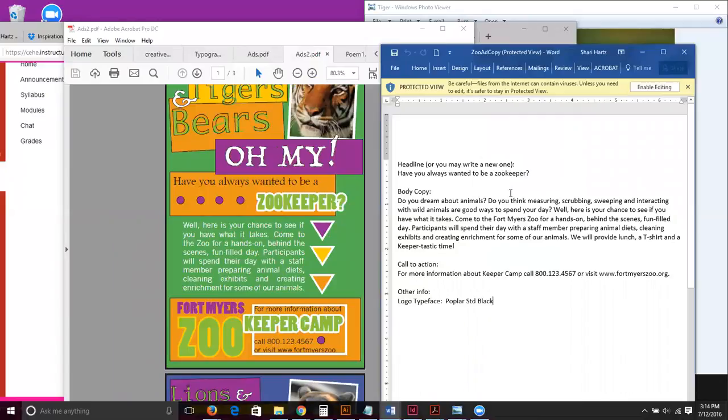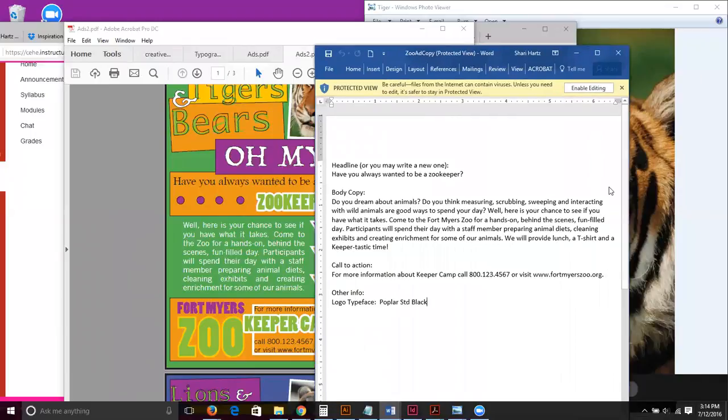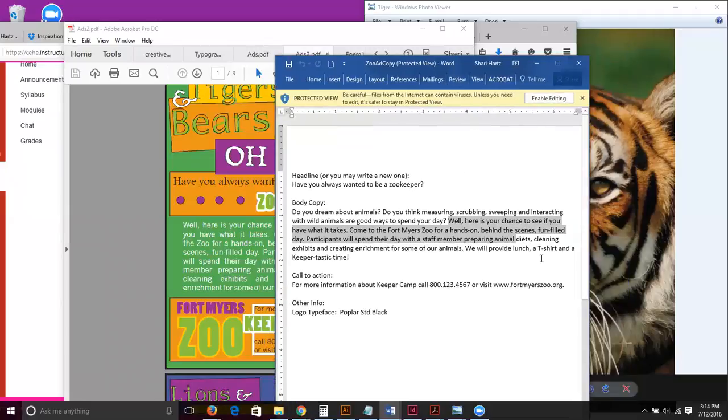I think it makes it a lot easier to read. This is the big paragraph right here. They've got it from, well, here is your chance, fun-filled day. Let's see, where do they end?